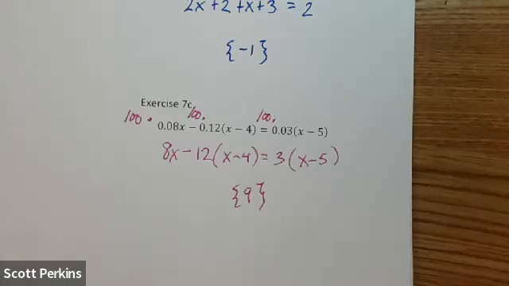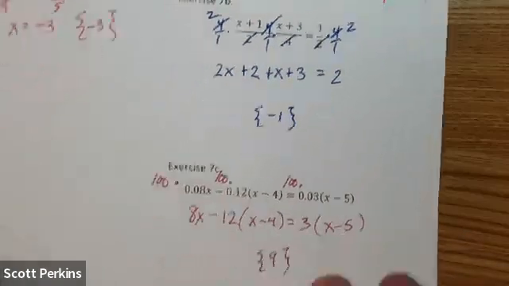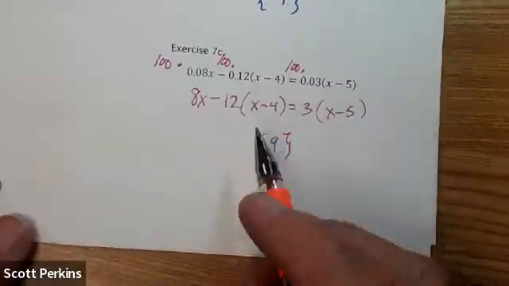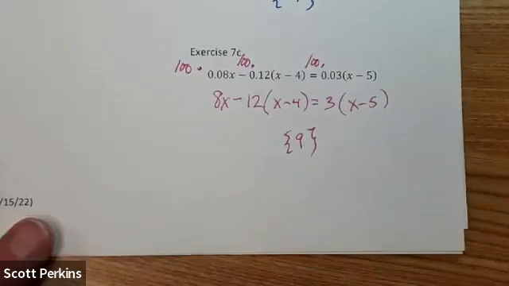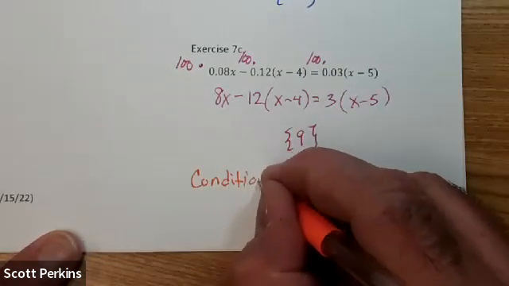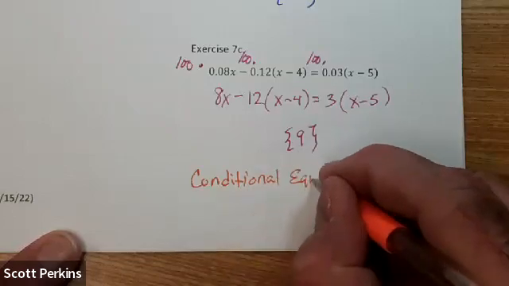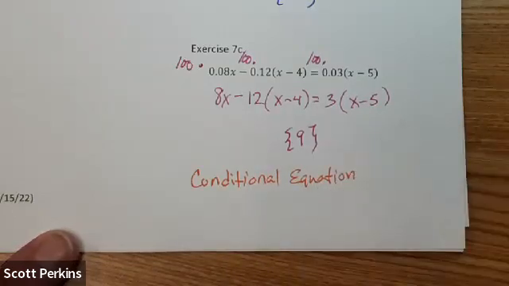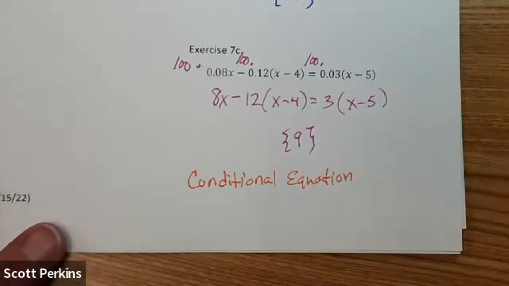Every problem we have done, okay, let me just, exercise 7C. Every problem we have done has been called a conditional equation. And you might be thinking, well, why is that called a conditional equation? And that's a great question if you were wondering.